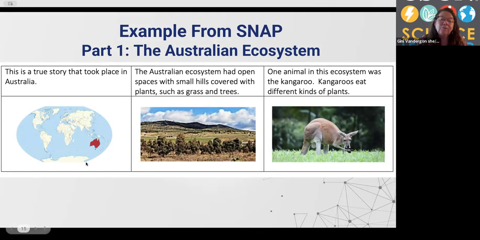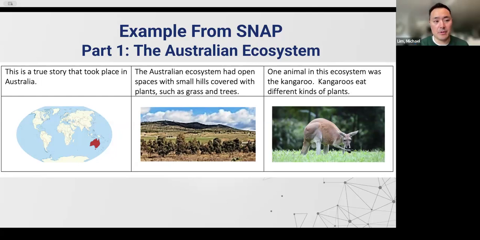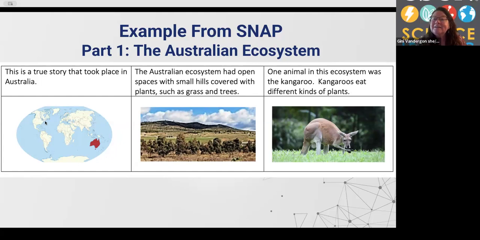And what do you notice about this compared to what we just saw? If anybody wants to come off mute or put it in the chat real quick. Definitely more accessible for any language learner. Yeah. And how is that?